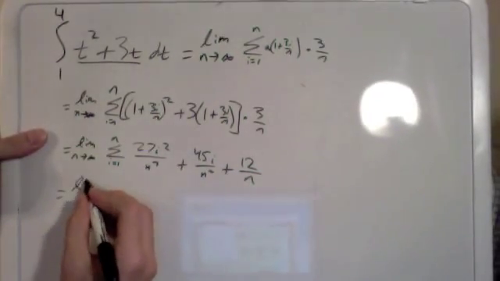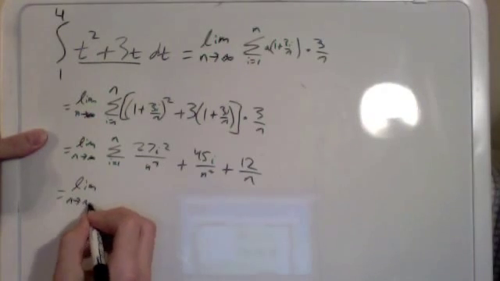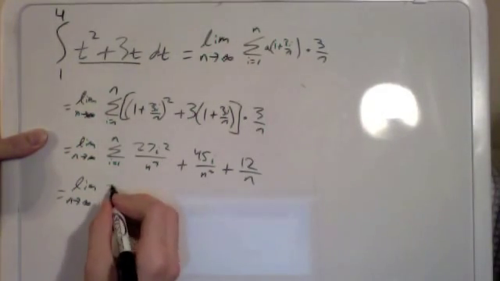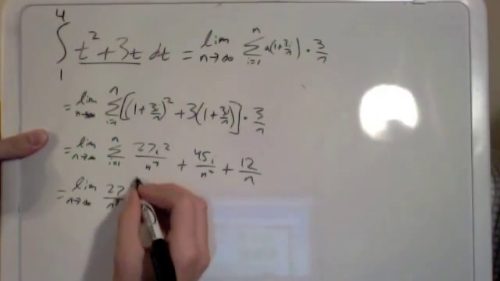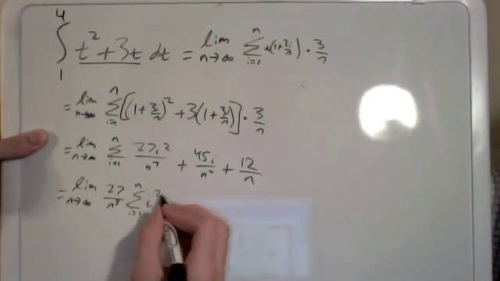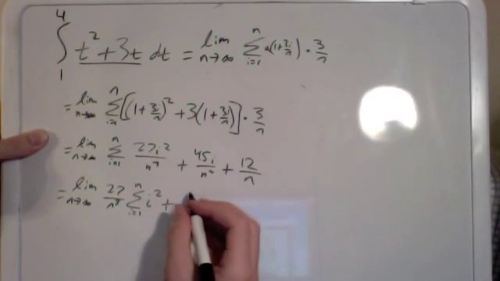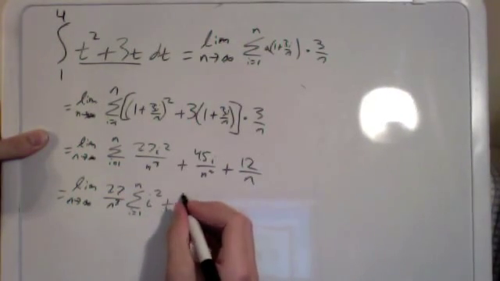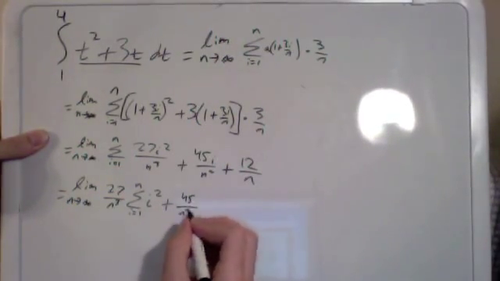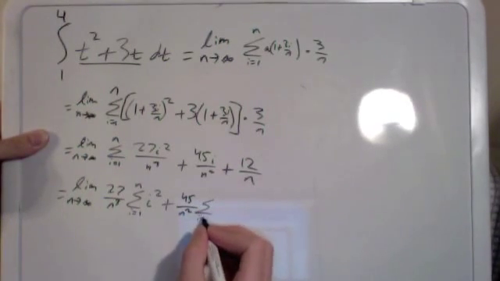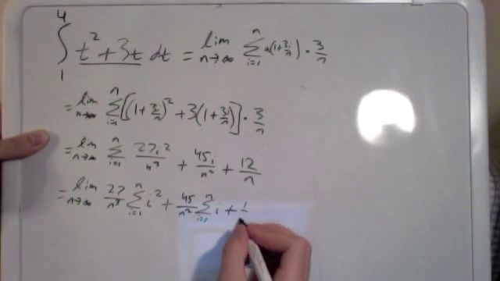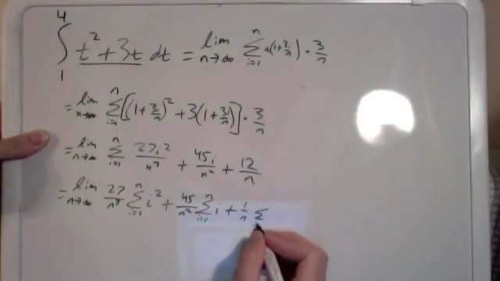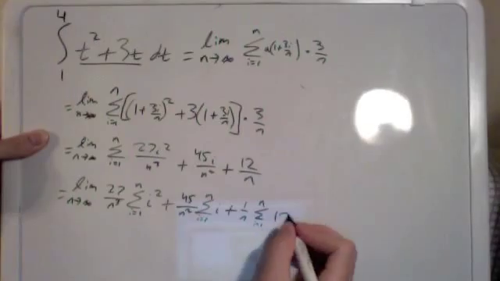So we can rewrite this as 27 over n cubed times the sum of i squared plus 45 over n squared times the sum of i plus 1 over n times the sum of 12.